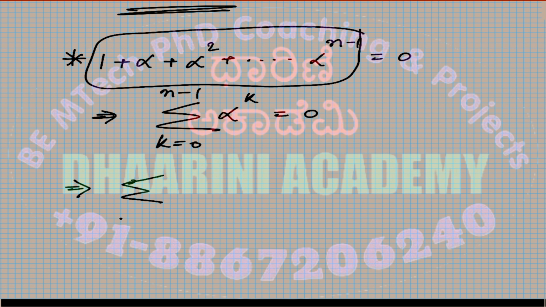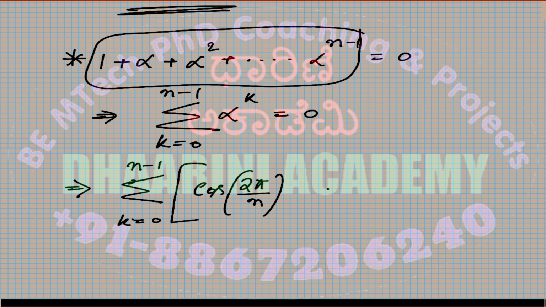That means summation k is equal to 0 to n minus 1. Alpha is cos of 2 pi by n, k is there outside, so let's keep it as it is. Plus I into sine of 2 pi by n raised to the power k is equal to 0.